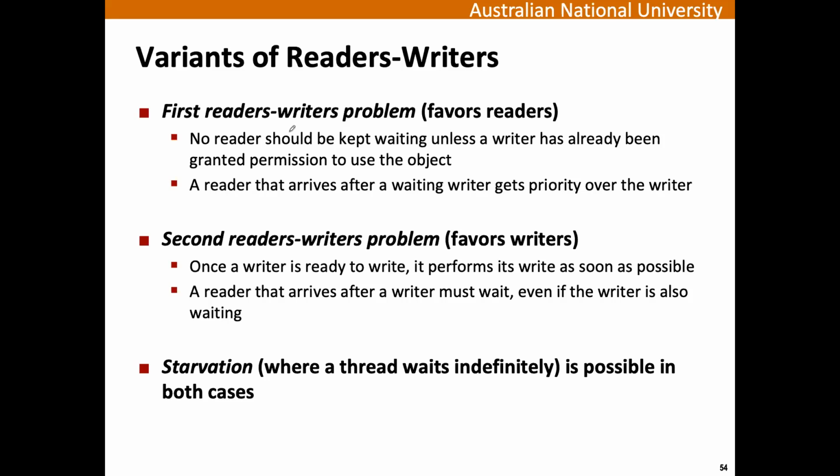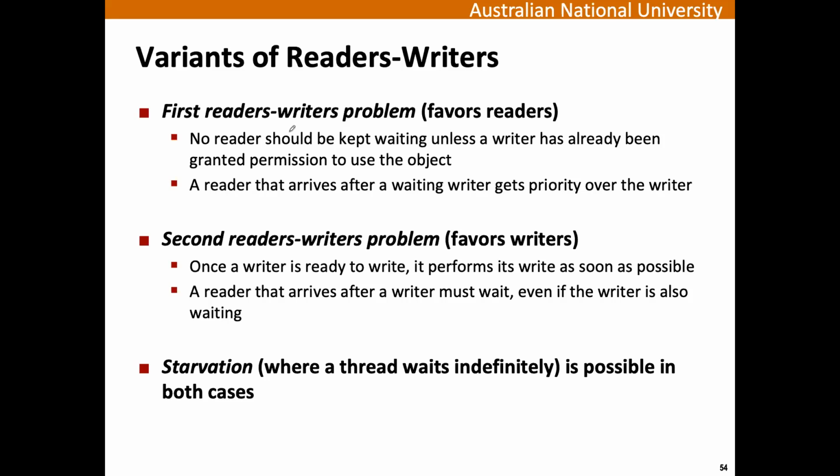We don't want to starve the readers. We want to prioritize the readers. Or we can have a different policy saying, if someone wants to write, that should happen as soon as possible, and the readers can just wait, maybe because we want the readers to read the most up-to-date state of the object, or some other reason.